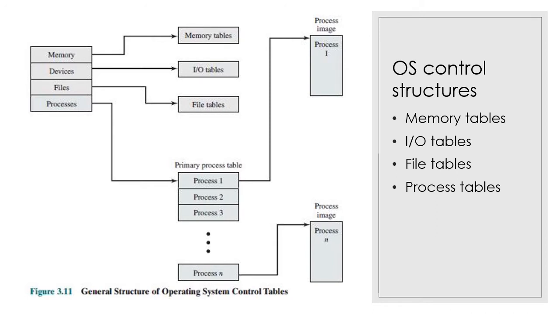These tables are cross-linked so that we can find which memory is allocated to which process, what I/O devices have been granted to it, which files it has access to, etc.